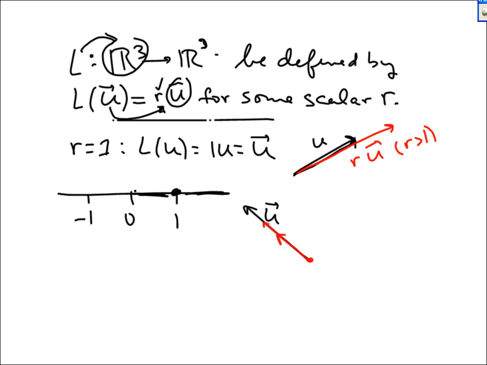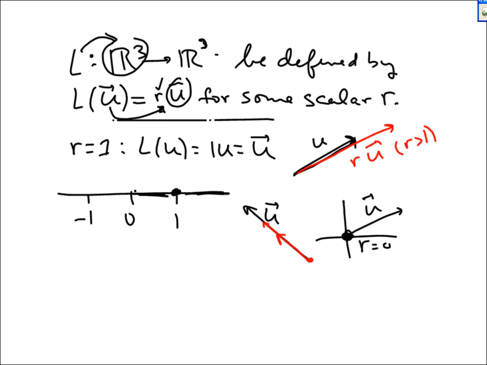Now if R is 0, 0 times the vector will be the 0 vector. So, if U starts at the origin, and if it doesn't, just move it to the origin, then L of U, if R is 0, would just be that one point. It starts and finishes right there.